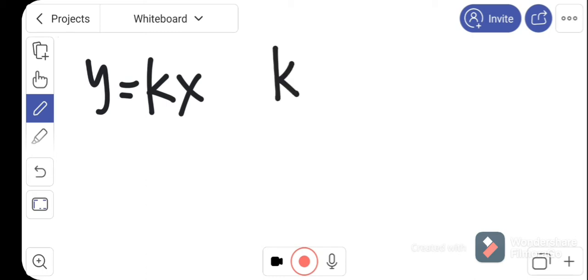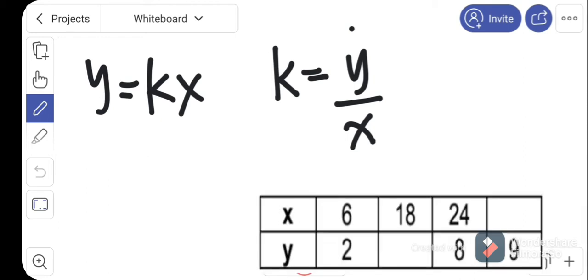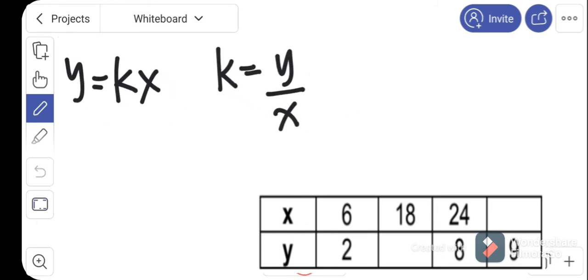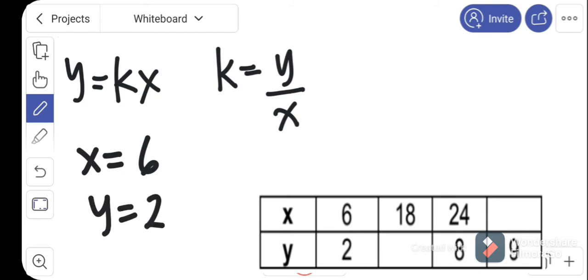In finding the value of k, we simply divide y with x. And let us use a pair with values of x and y. In this case, we have x is equal to 6 and y is equal to 2.